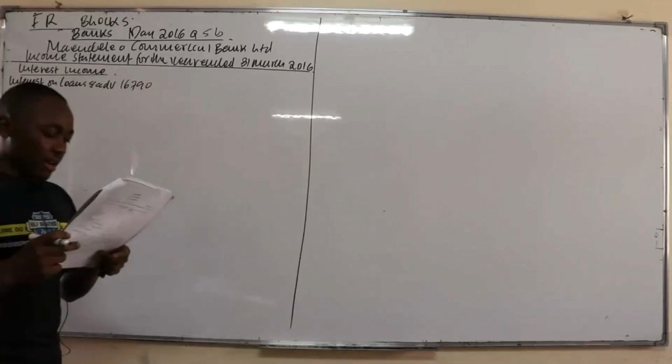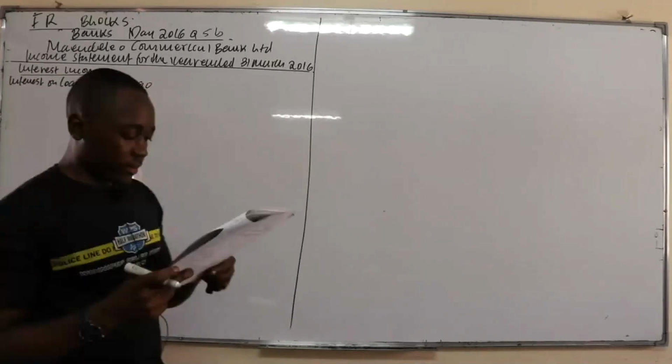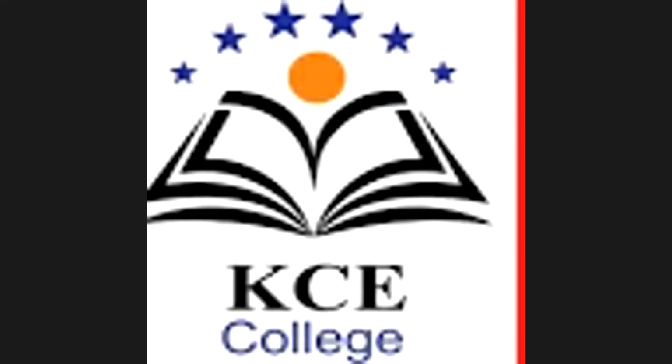Then let's go to note number 3. Interest accrued and not accounted for in the books as at 31st March 2016 was as follows. Interest on loans and advances, an amount of 1284, which was not accounted for. That's an income, so therefore you add 1284. So how much is the interest? You have an amount of 18,074.